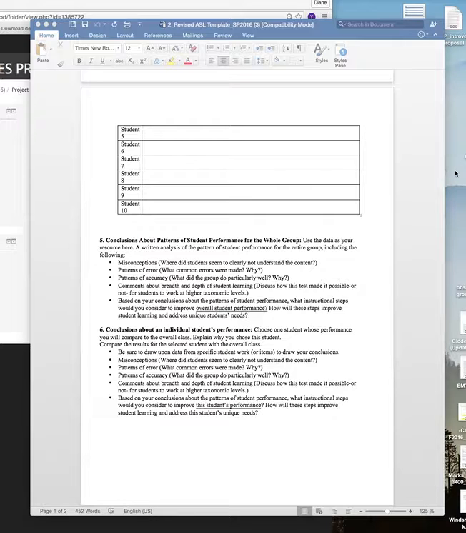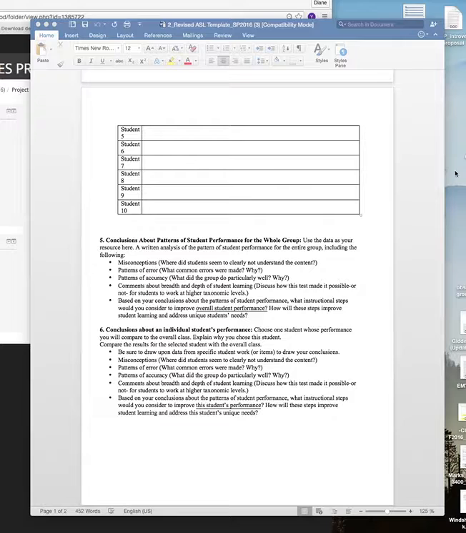The depth of student learning are those Bloom's taxonomy levels. So that's what you can talk about here. Go back to the previous parts of this project and look at those taxonomic levels and talk about how the assessment did or did not meet those levels. So that's the breadth and the depth.